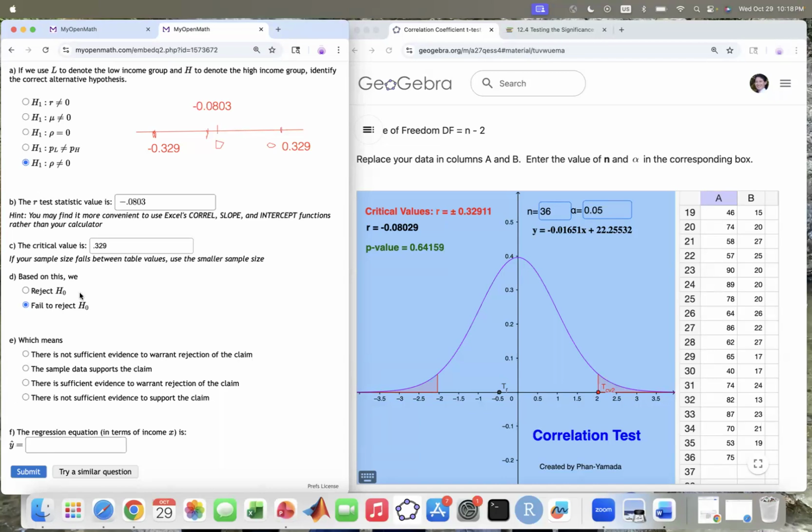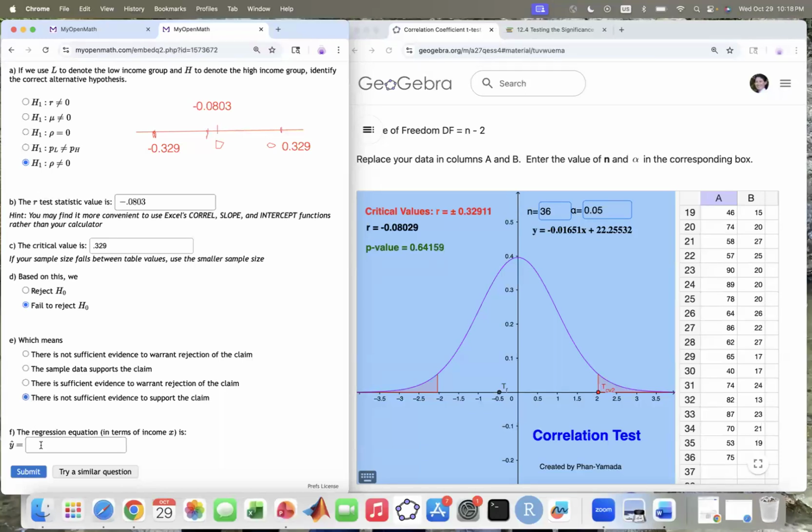Fail to reject H0 means you keep H0. Therefore, you reject the claim, which is that there is a relationship between the two. So you choose that there is not sufficient evidence to support the claim, because you keep H0.